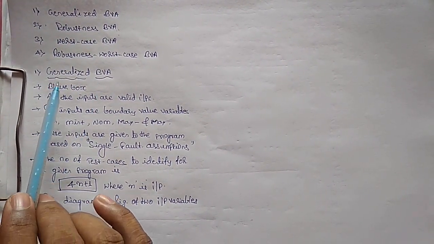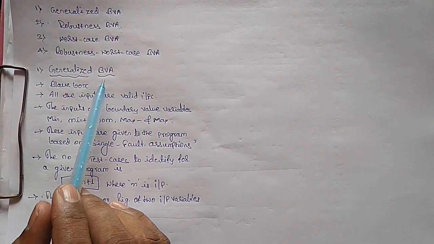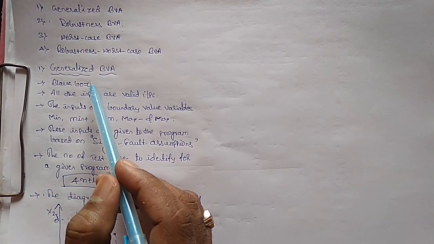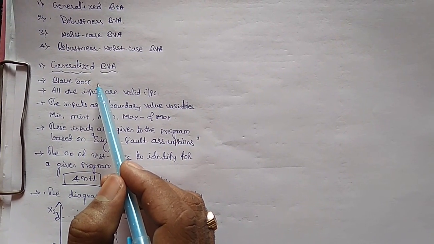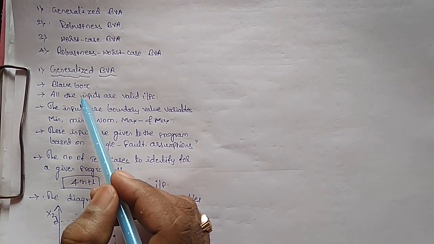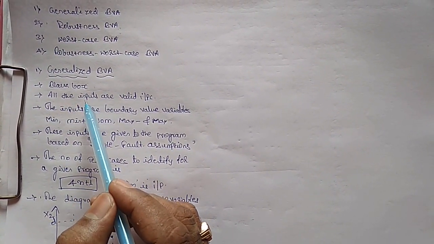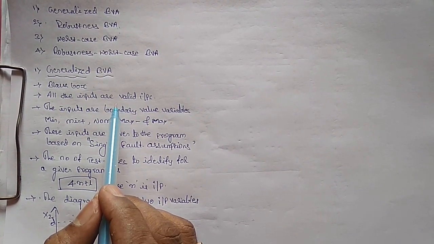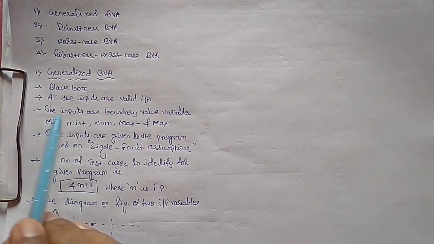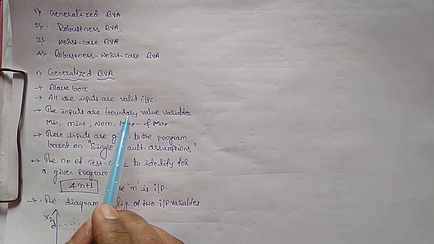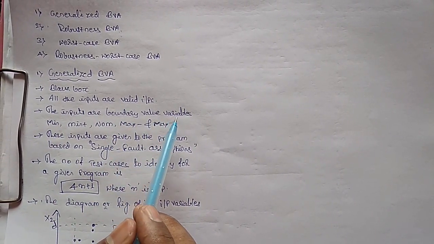First, under the generalized boundary value analysis method: basically this boundary value analysis method is one of the black box testing techniques. In this testing technique, all the inputs which we specify for a given program are valid input variables. All the inputs are boundary value variables.